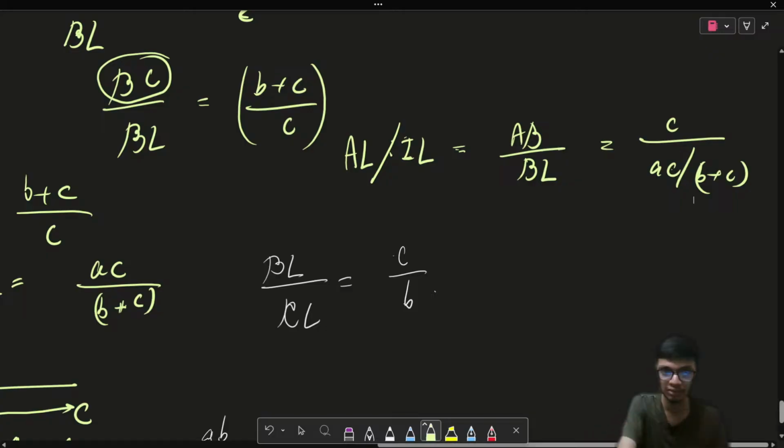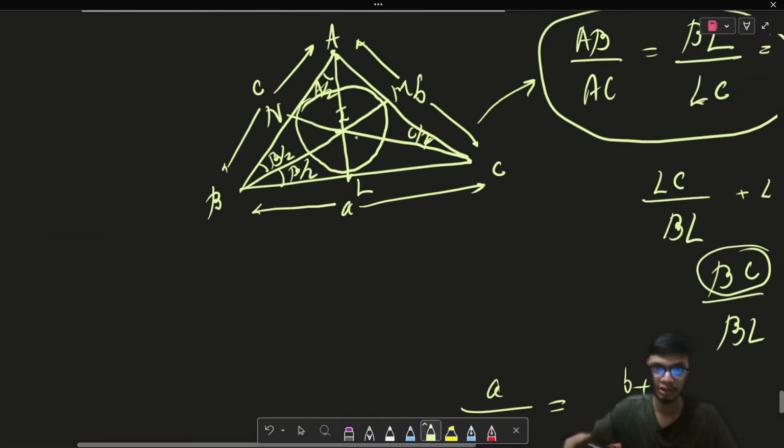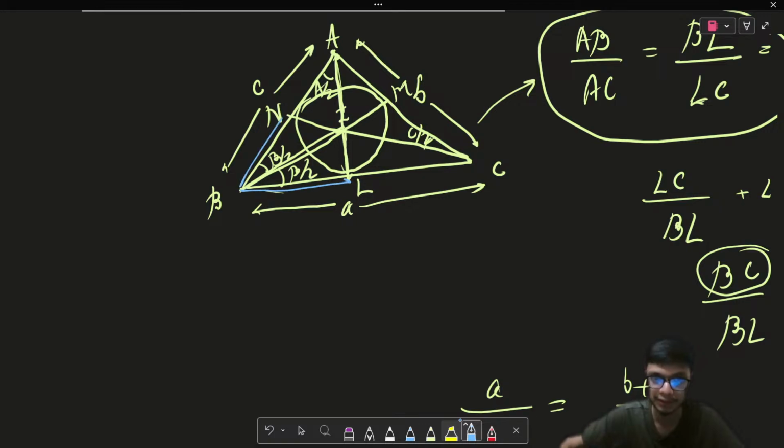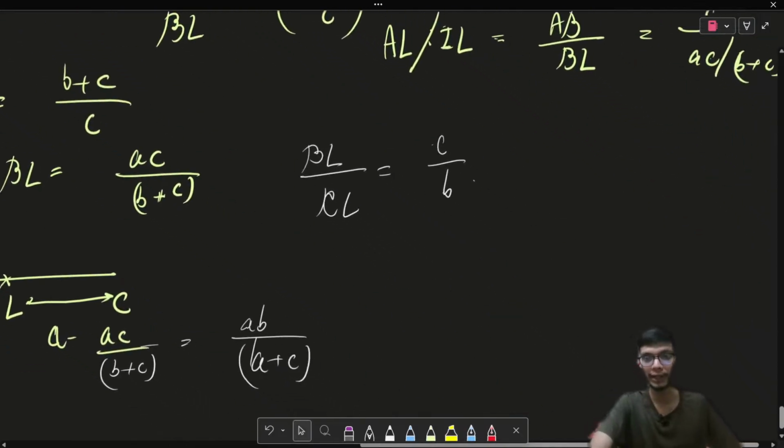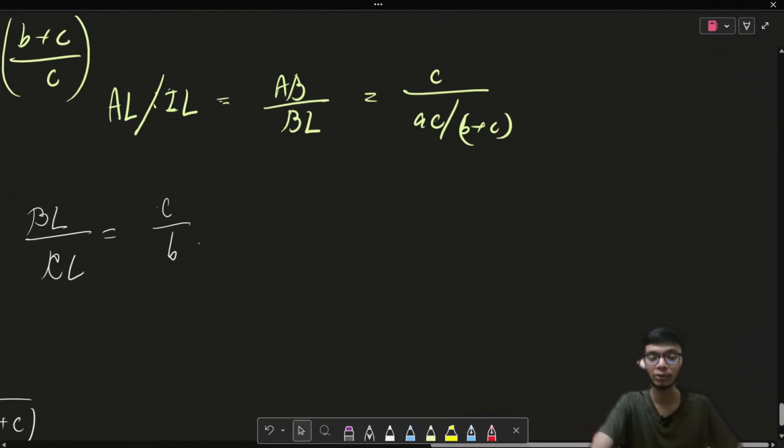Which I am relating from this other triangle, this particular triangle, which I can draw with a blue color. So from this we will be obtaining the following relation of AI is to IL.